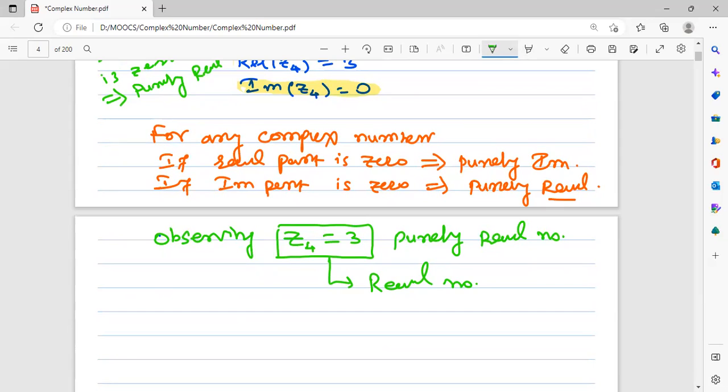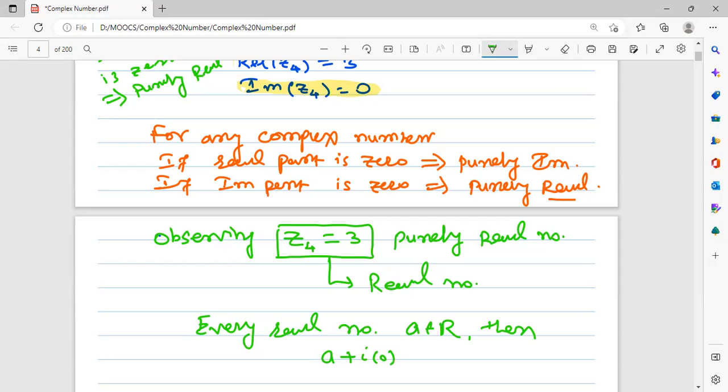Every real number, suppose a belongs to R, I can write as a + i·0.